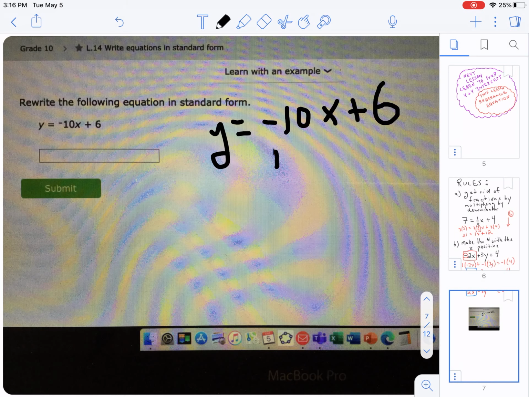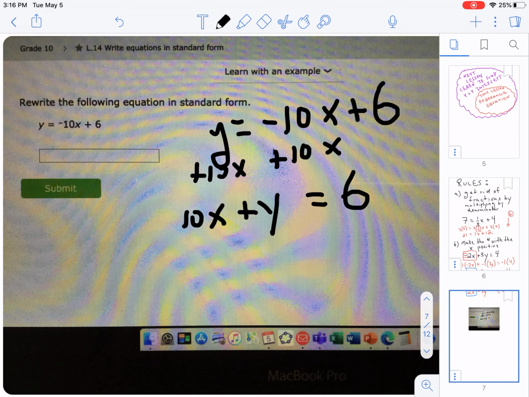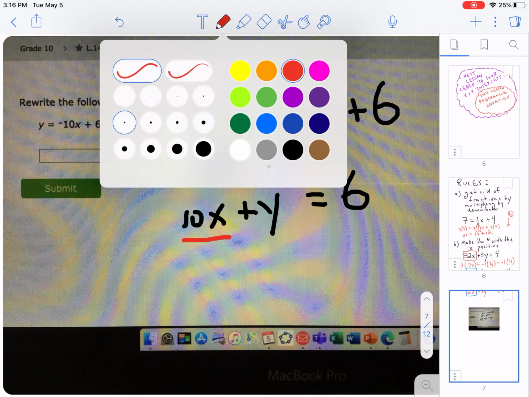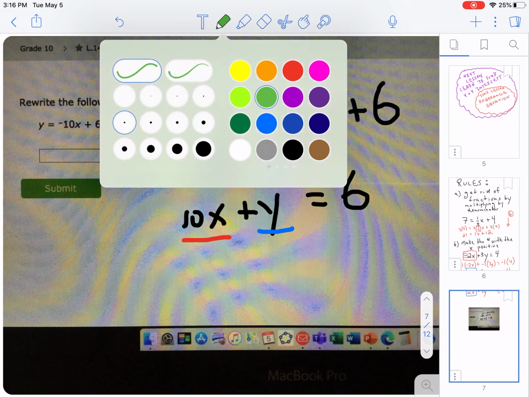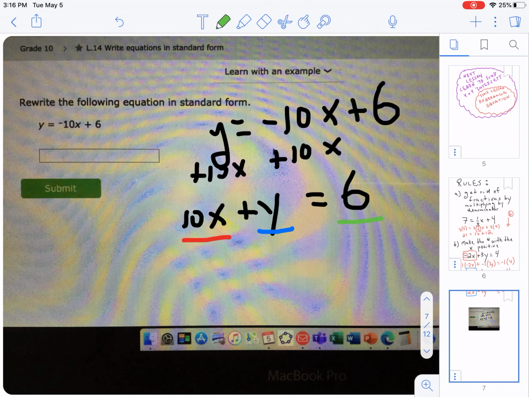The way we do that is we add 10x to both sides. So that gives us 10x plus y equals 6. So our first term is the x term, the second term is the y term, and the third term is just the number, and it's on the other side of the equal sign.